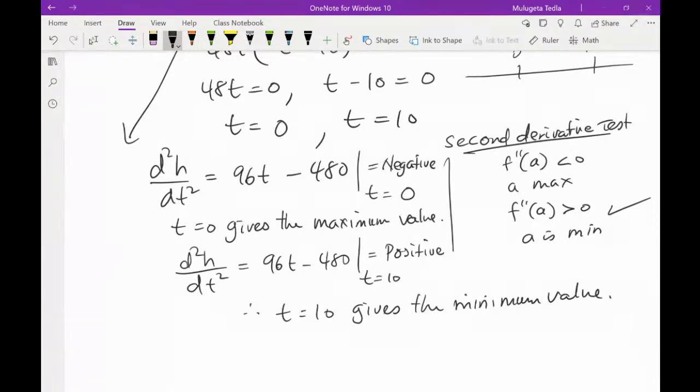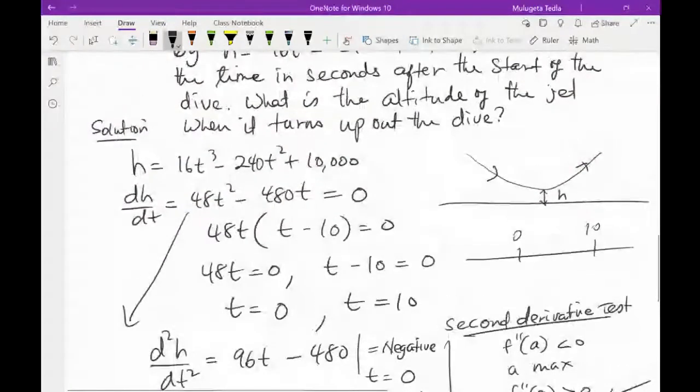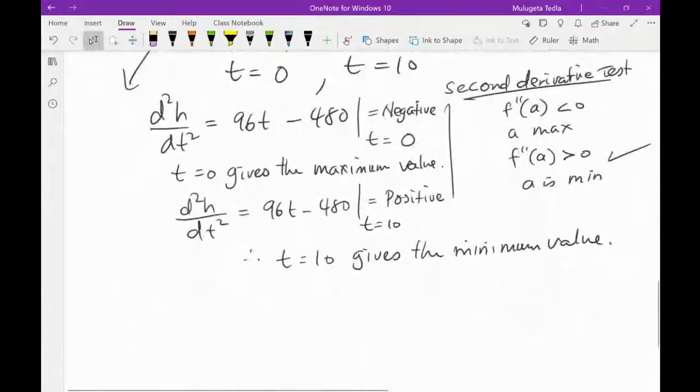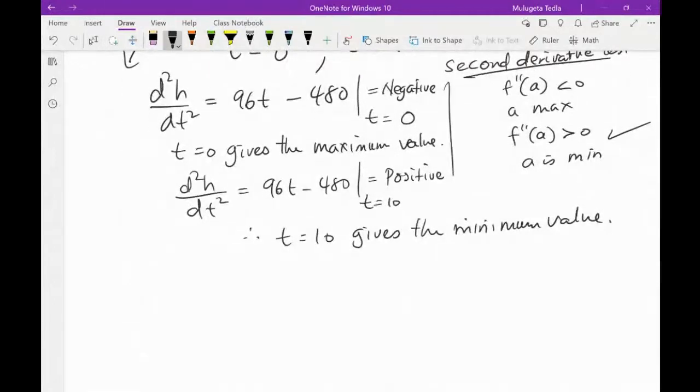We are looking for the minimum h that the jet could reach during the dive, so that is the time the minimum value is attained.